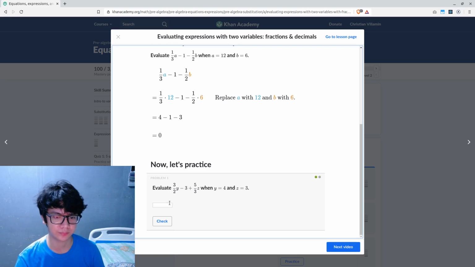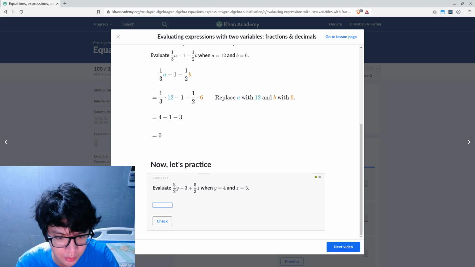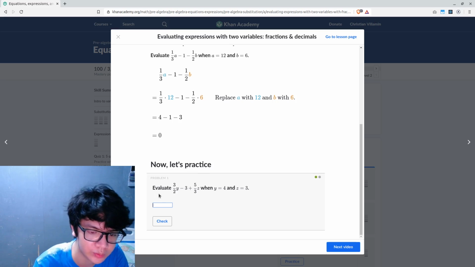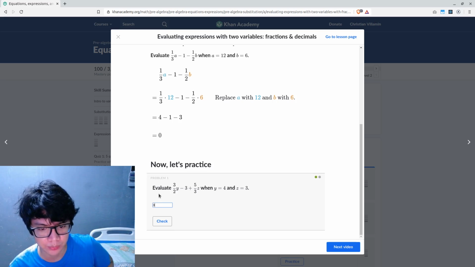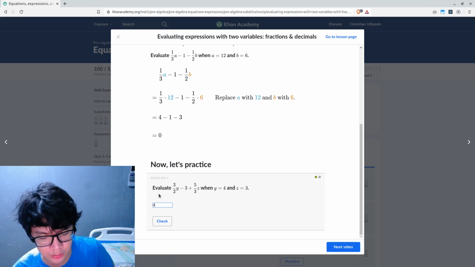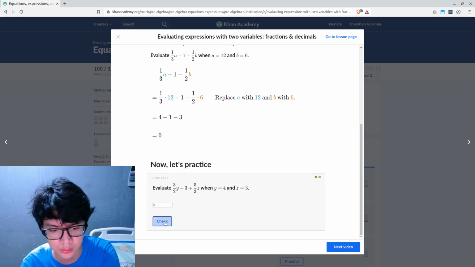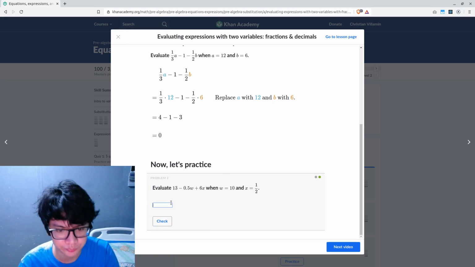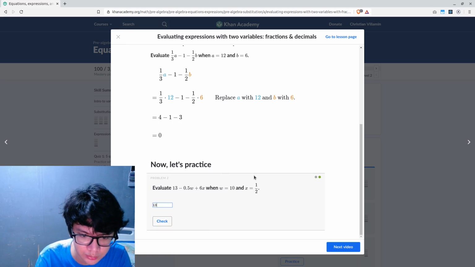Minus 0. Okay. 4. So we have 12 divided by 2 is 6 minus 3. We have 3 plus Z is 3. So 15 divided by 3 is 5. 13 minus 5, we get 8.